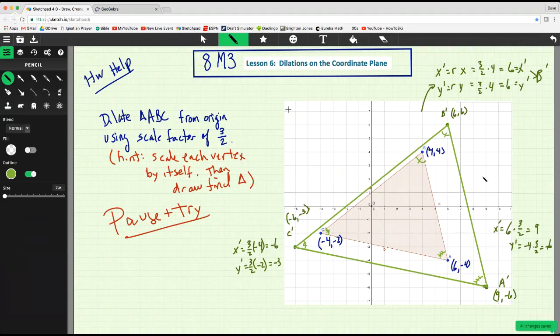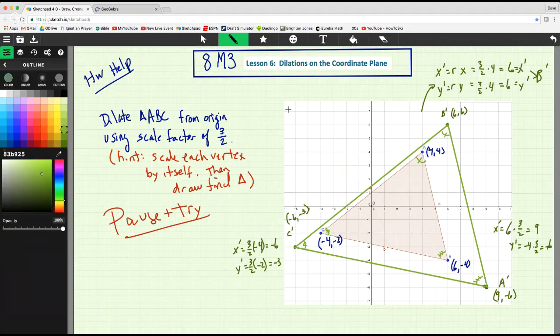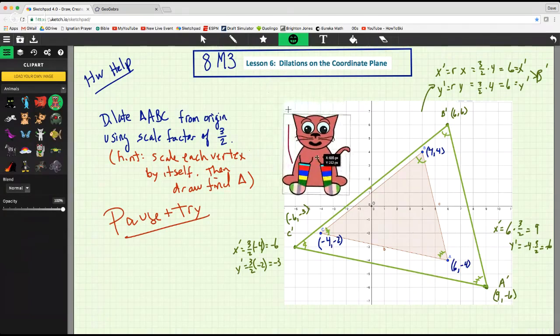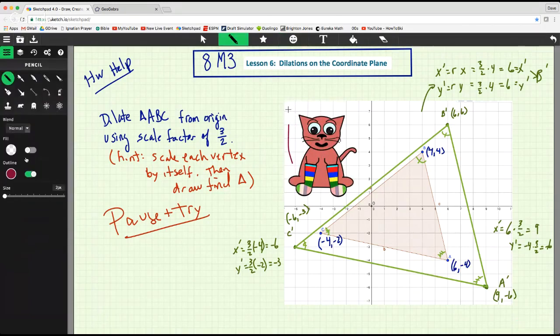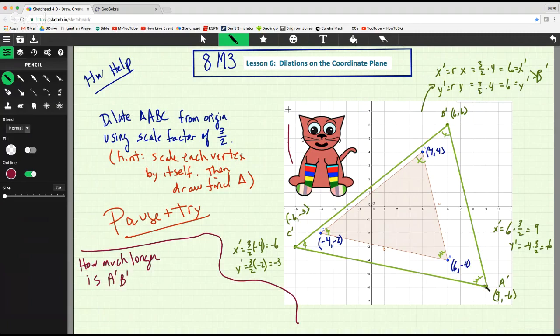And if I ask you about, let's ask a bonus question. Well, let's give you your happy cat. Here's your happy cat for getting that right. But I'm going to ask you a question, and this is going to help put it all together. How much longer is A prime B prime than AB?